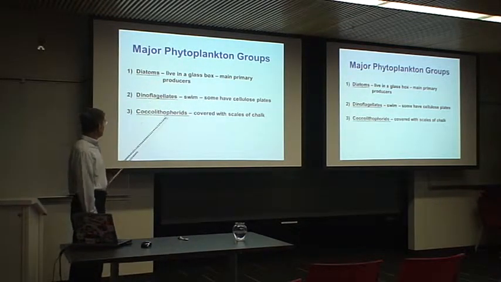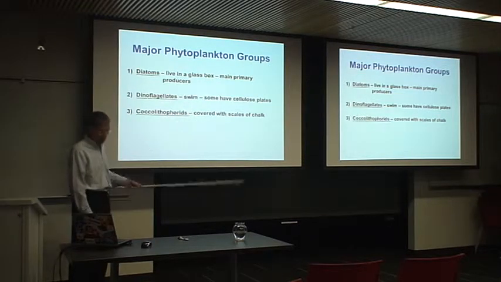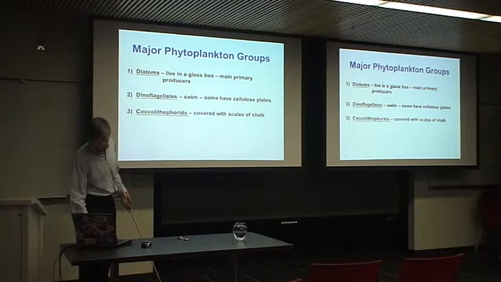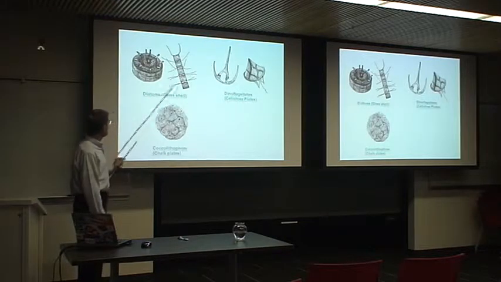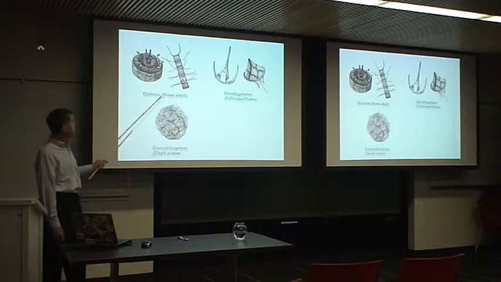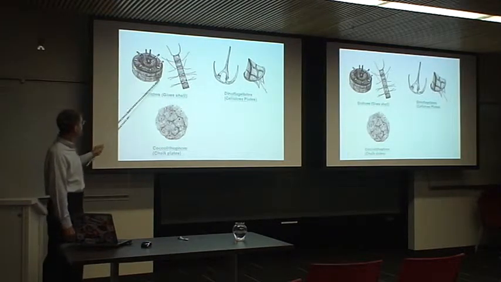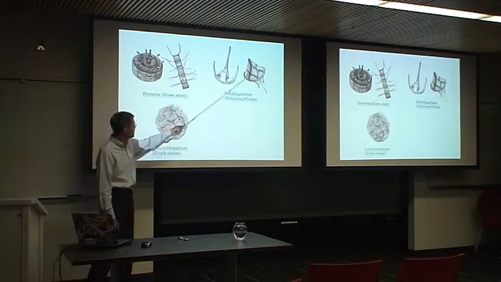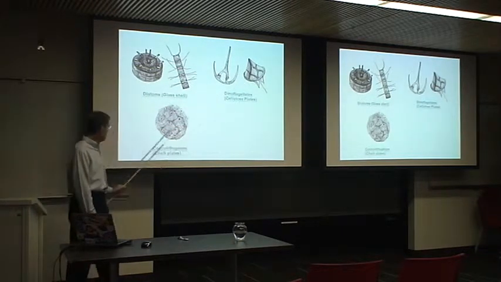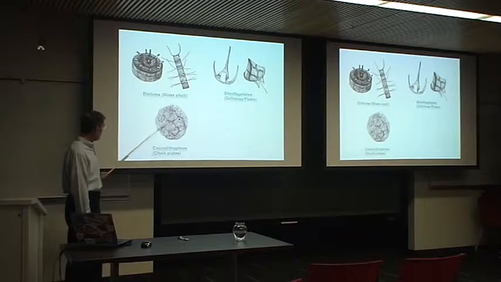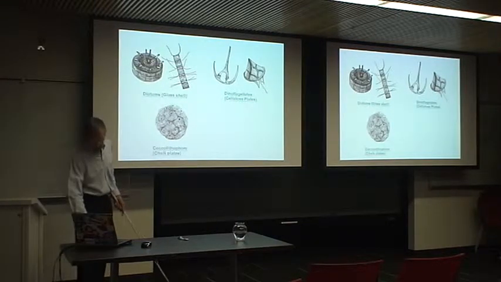And similarly with the dinoflagellates and coccolithophores with their unusual coverings. So here's just a quick sort of sketch of what they look like. So here are the diatoms, here are the dinoflagellates. They swim, and here are these coccolithophores with these chalk-like plates.